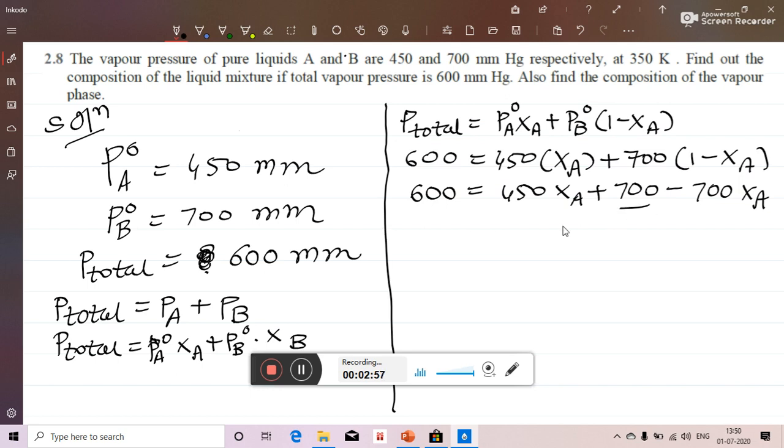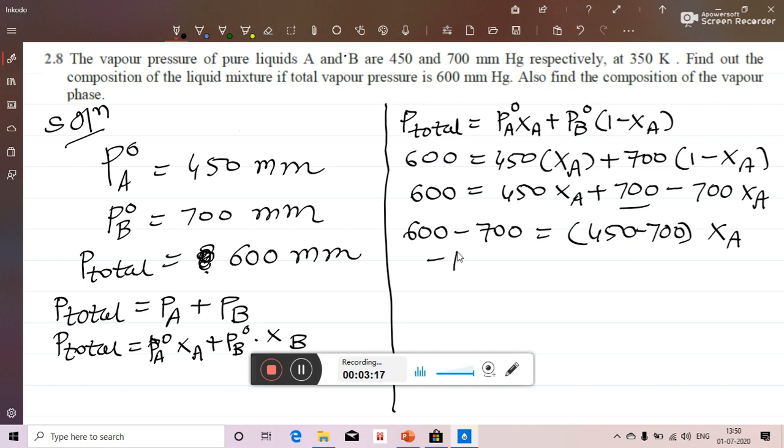Now if you take 700 to the left hand side, we get 600 minus 700 is equal to, now we can take out XA common, so it will be 450 minus 700.